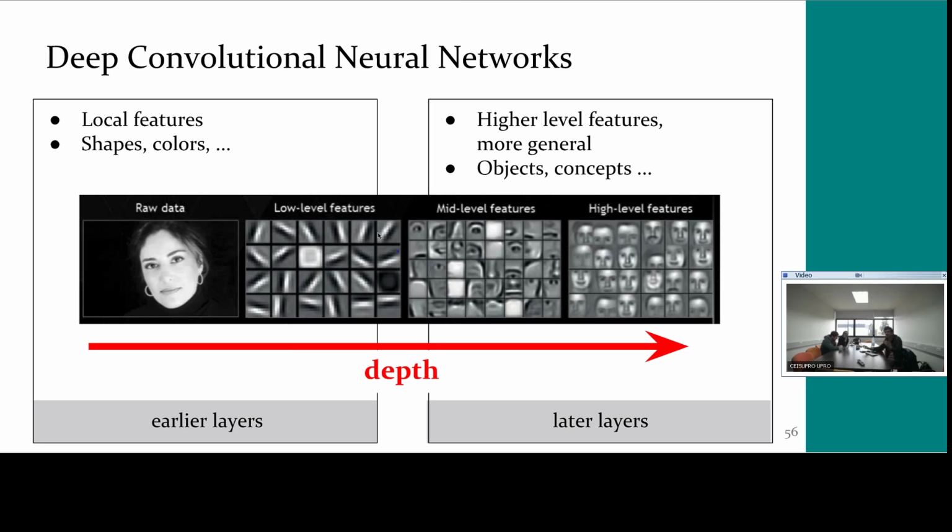They were really looking at maybe an 11 by 11 area. The only thing they can get is the edge of some sort. The middle can start getting some parts of the objects, while the layers in the back are looking at whole faces, basically whole concepts.